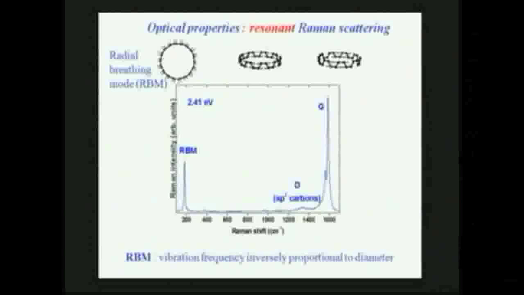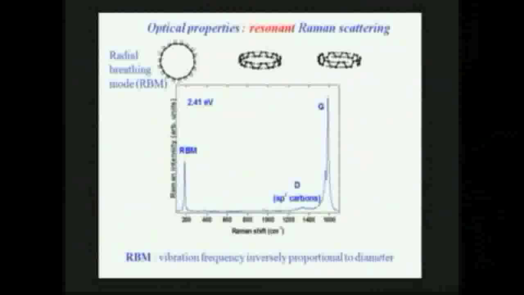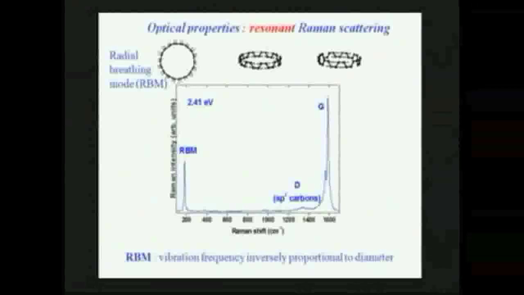This corresponds to this motion, which we call a breathing. So imagine you have your tube, which breathes, and which unbreathes. The corresponding motion will be a motion of all carbon atoms perpendicular to the nanotube axis, and all the nanotube atoms will move in phase perpendicular to the nanotube axis.